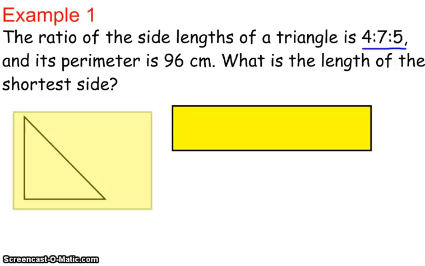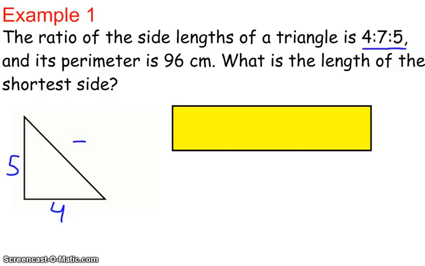So go ahead and draw your triangle, and you'll see that our ratio again is 4 to 7 to 5. So I'm going to put a 4 on the shortest side and a 5 on the middle side and a 7 on the longest side.